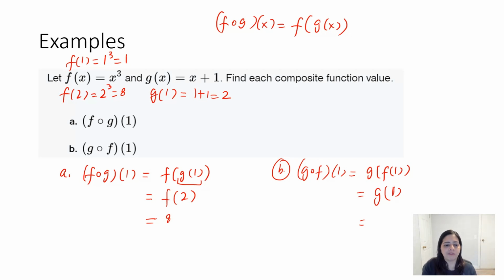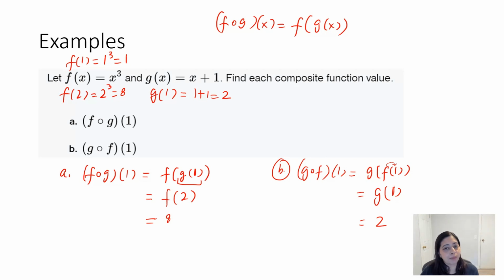So what is g of 1? We have already found it, that's 2. So you see how it's being operated. Here you first use g's definition on this x value, then feed it to f. Here you first use f's definition to evaluate it and then feed it to g. That's the whole thing. If you understand this, you understand composition.